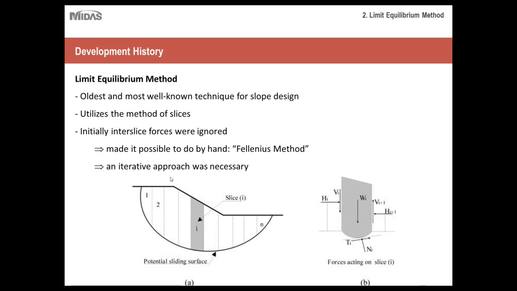And thus an iterative approach became necessary. It's sort of trial and error. Engineers would have to create several slip surfaces or several curves. They'd have to analyze the forces on the slices one by one until they found their minimum factor of safety. So it was a very long and tedious process up until certain advancements were made that really expedited this limit equilibrium method.